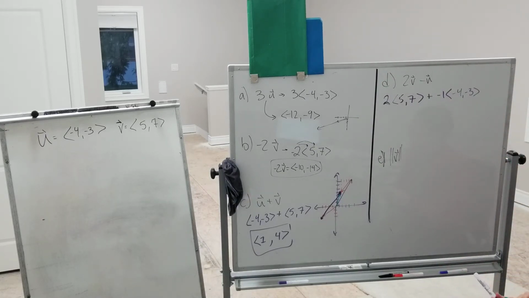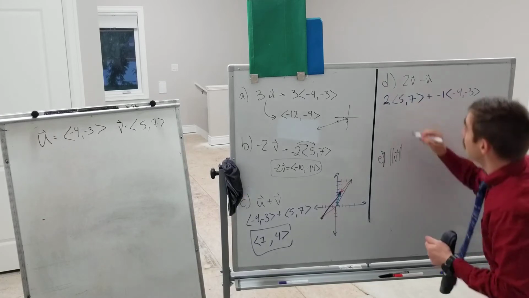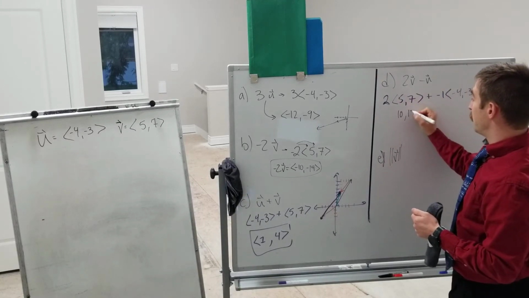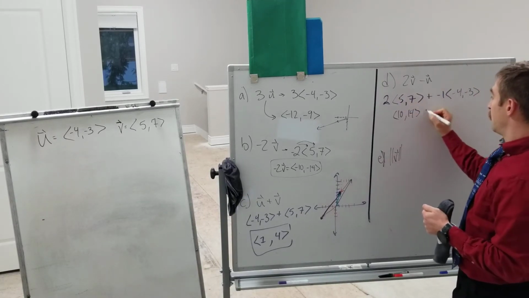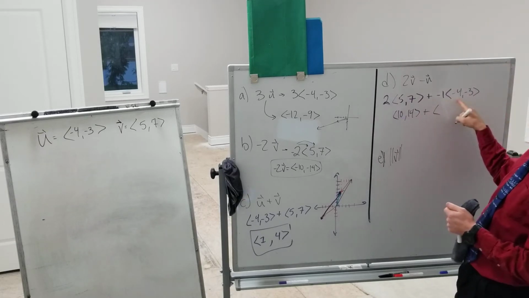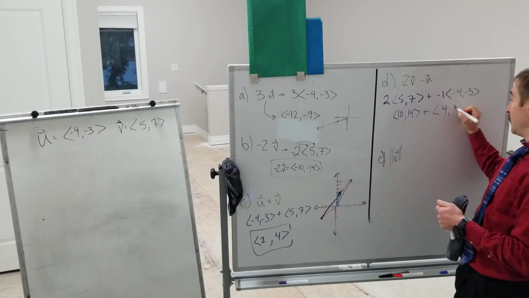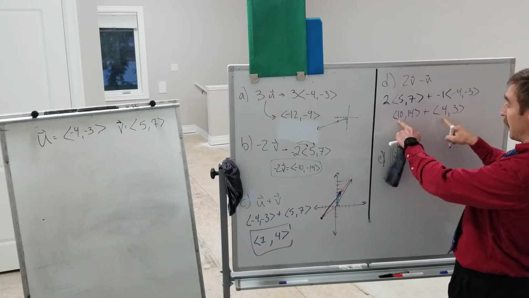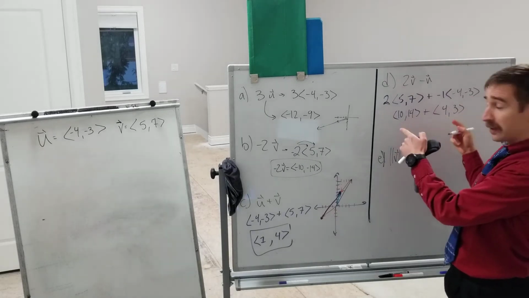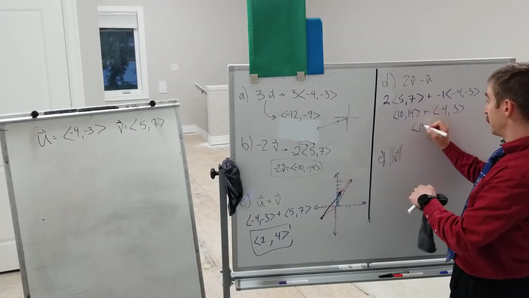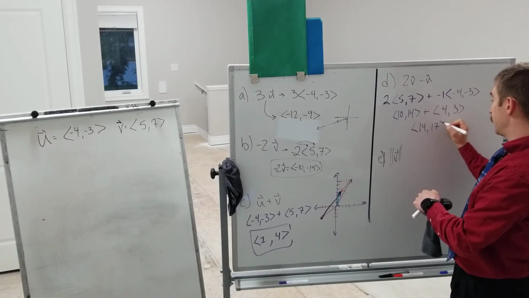So 2 times 5, 2 times 7 gives me 10 comma 14 plus -1 times -4 is 4, -1 times -3 is 3, right? And then just add the x's, add the y's, add the components. So 14 comma 17 would be the answer here.